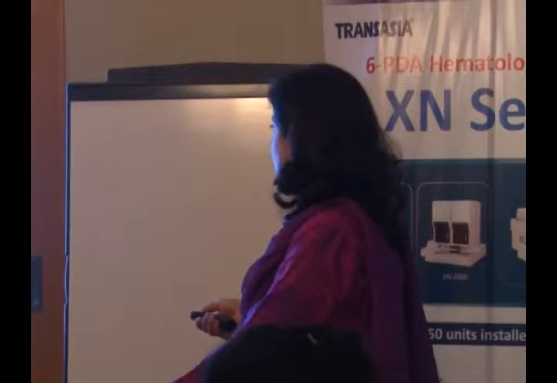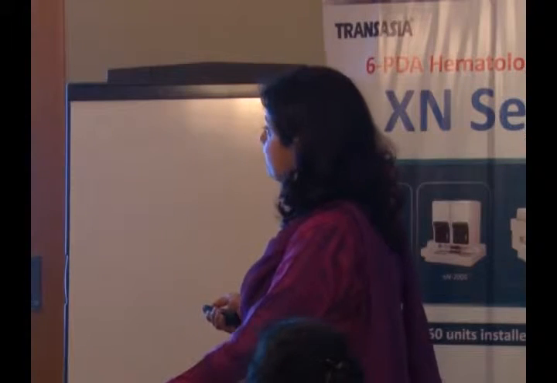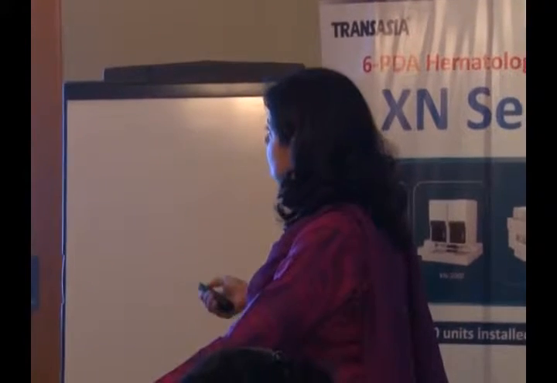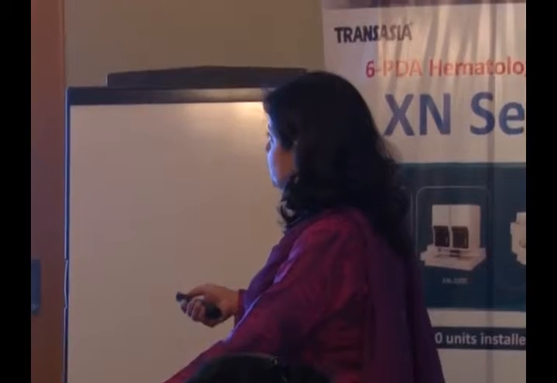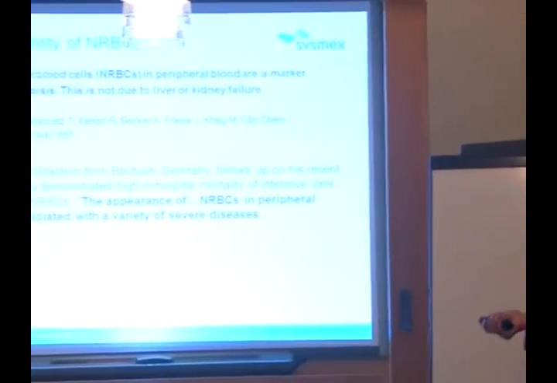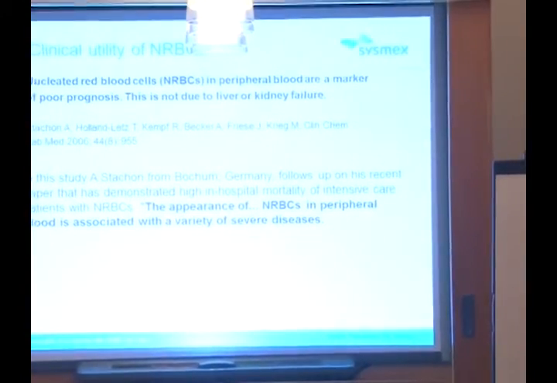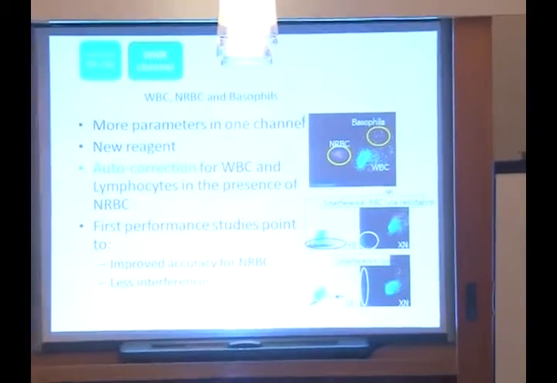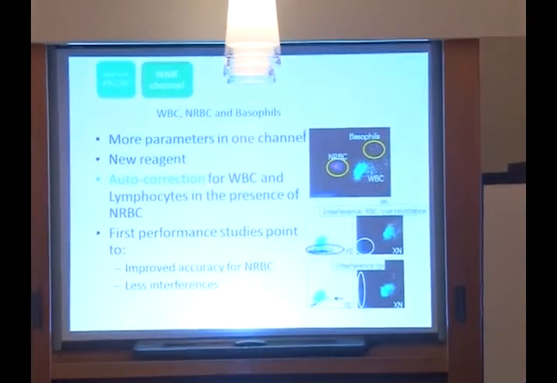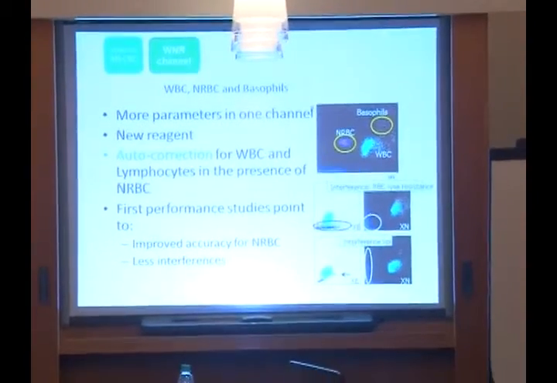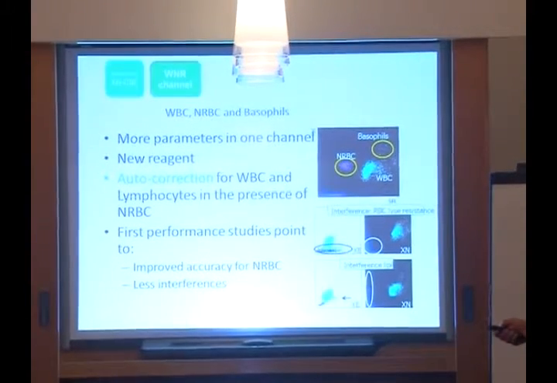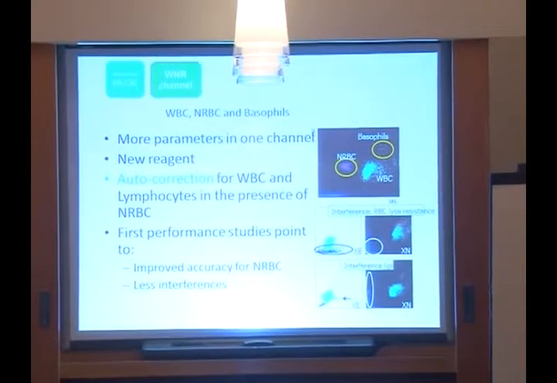So the NRBC count shows a good relationship with ineffective erythropoiesis in known cases of thalassemia and is a marker of poor prognosis irrespective of the status of their organs. So this is an important utility of the NRBC channel in the ICU setup. Earlier, in the XE, there was a lot of interference. Now the XN gives you a clearer indicator. We have not got any false positive NRBCs in the XN.